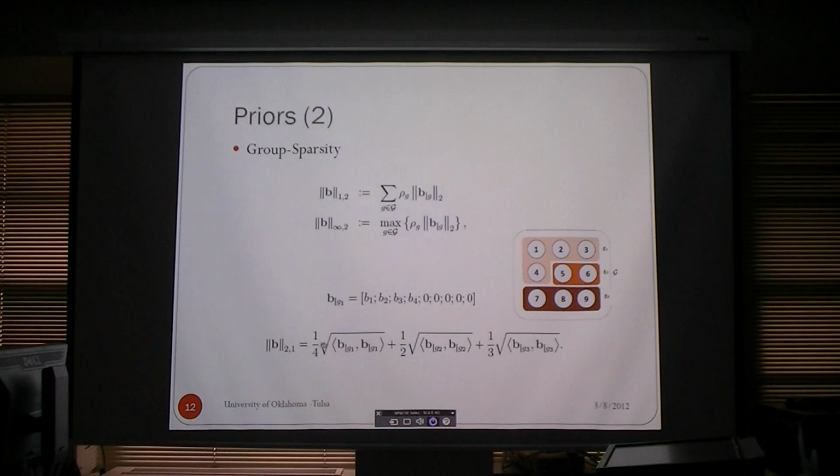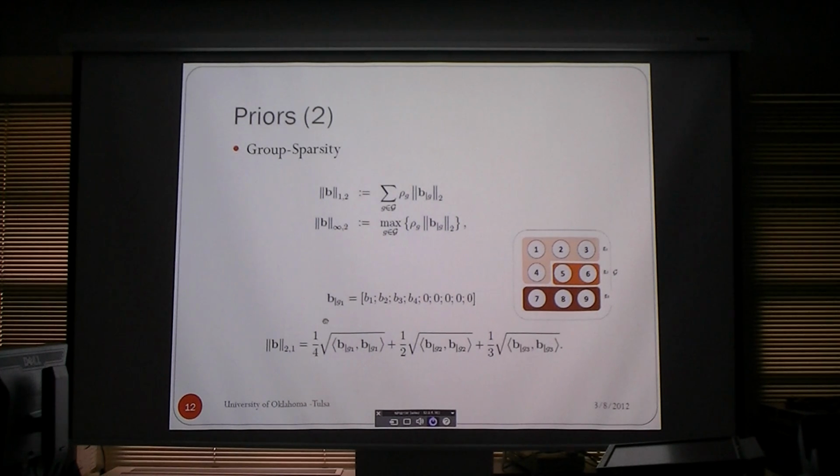It's 1 over the number of elements in each segment of the data, multiplied by the norm of each segment.